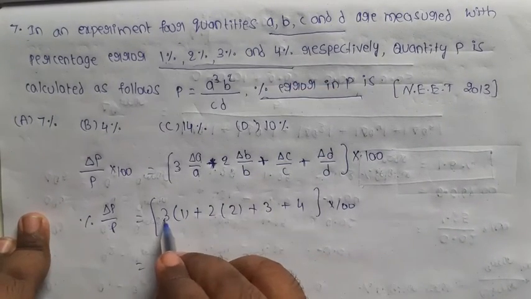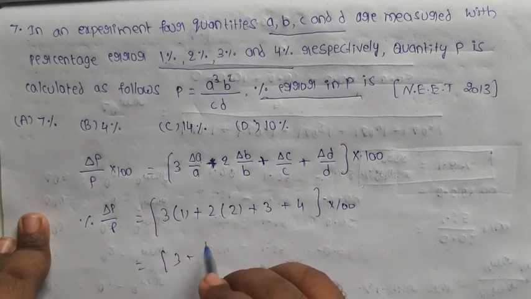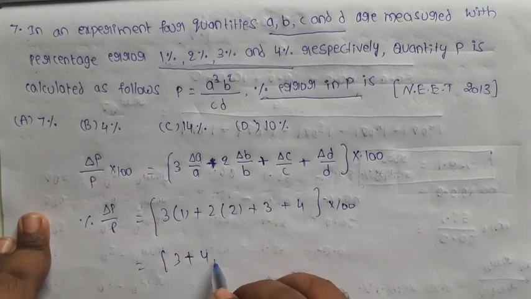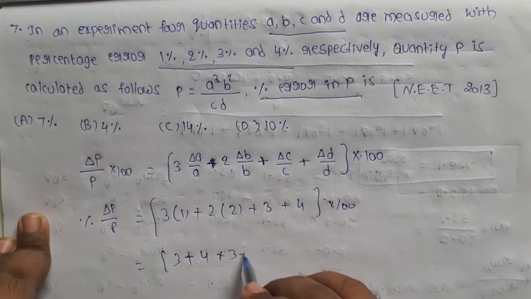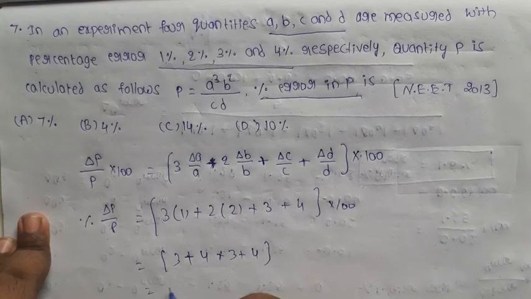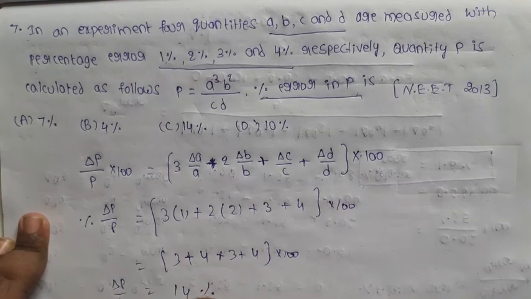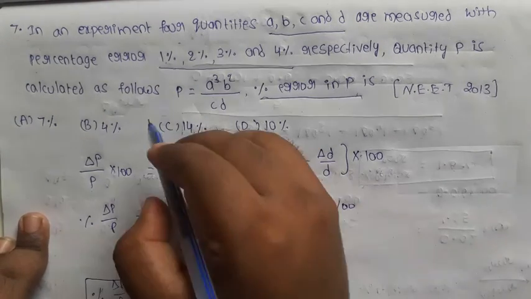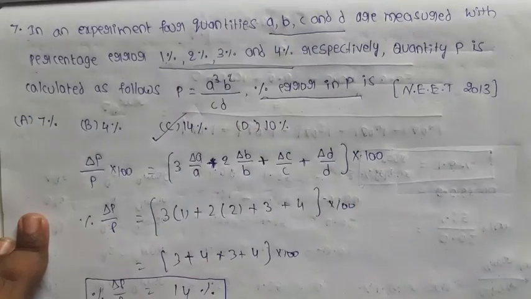Find out the total value. 3 into 1, 3, plus 2 into 2, 4, plus 3 plus 4. Next 4 plus 3, 7, 7, 14. So 14 percentage is the delta P by P percentage value. Okay, see the options. Option C is the correct answer.